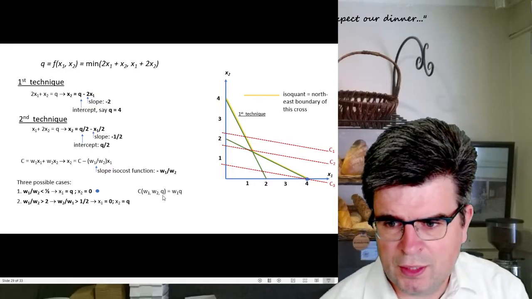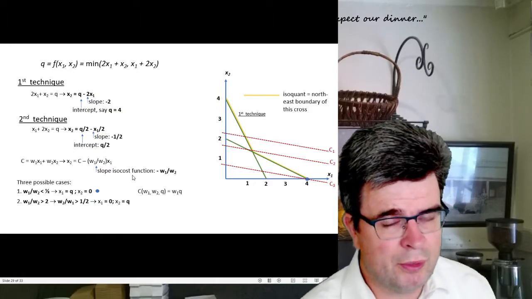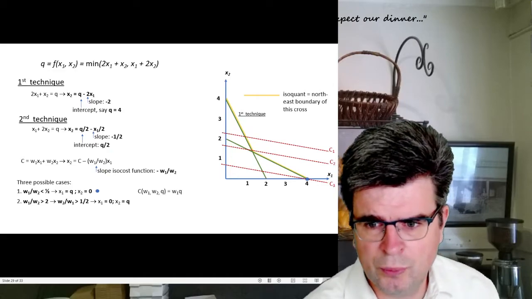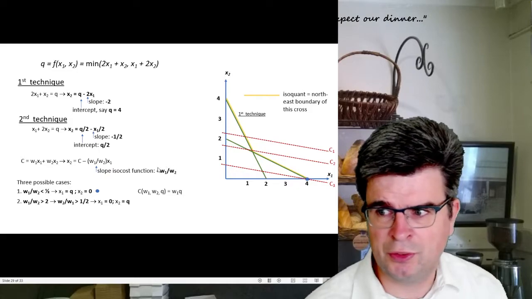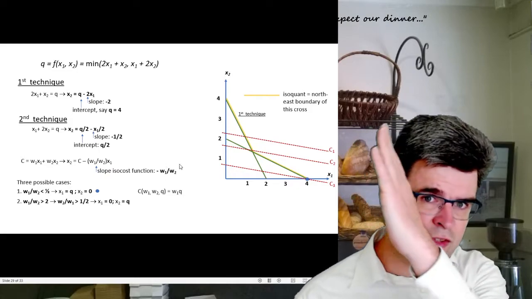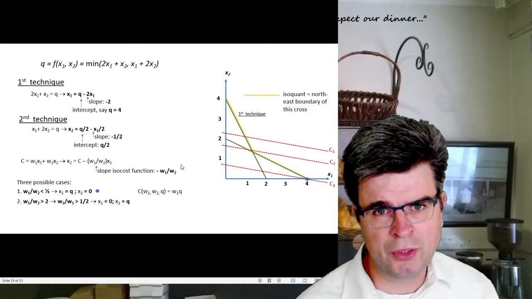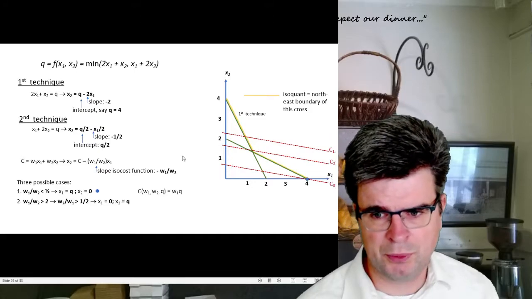Then the second case, the second extreme case, is where w1, production factor x1, is very expensive relative to production factor x2. That means that the slope of the iso cost functions is very steep. And in that case, we minimize our cost of production by using only production factor x2 in our production process.